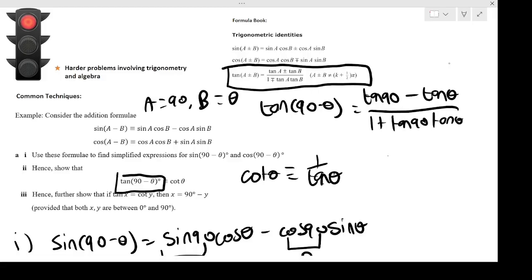But the issue is, hopefully you can see, we're going to need to evaluate tan 90, which is undefined. So we can't directly use the tan formula, so we're going to need to split it into sine over cos and do it that way.